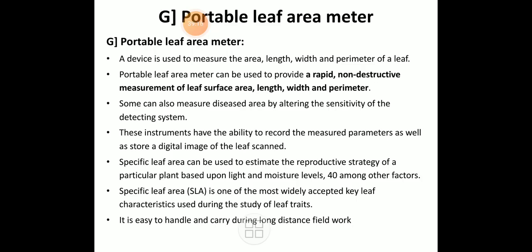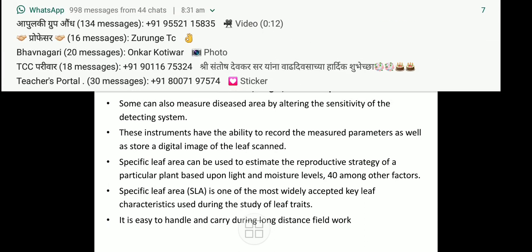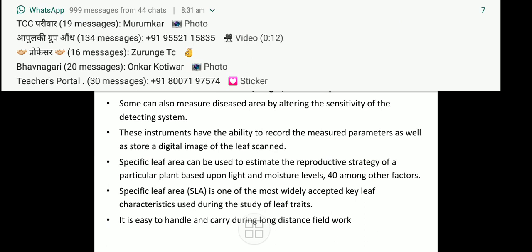Now, the portable leaf area meter. This is also a most important instrument. We have to measure leaf area because the leaf area is directly proportional to the rate of photosynthesis. So this instrument gives us an idea about leaf size. We can find out the size of the leaf with the help of this instrument.